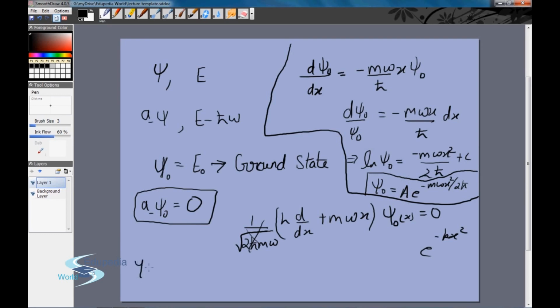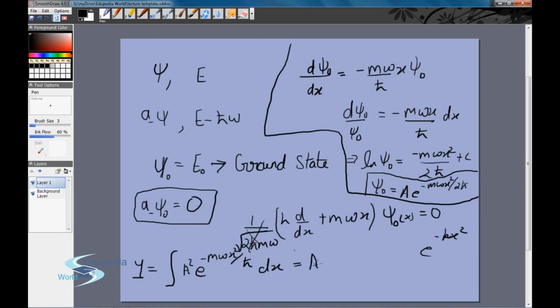So 1 is equal to the integral of ψ*ψ, so that will be A² e to the power minus mωx²/ħ, because we multiplied the two, dx, and this should be equal to 1. But we know what the value of the integral of e to the power minus mωx²/ħ will be.